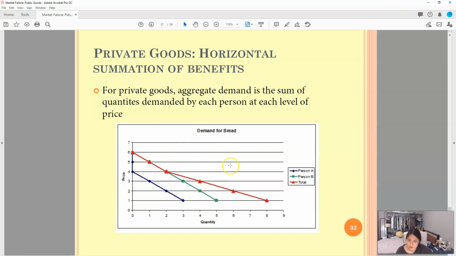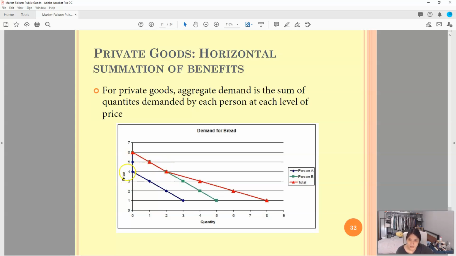So this graph is an example for the bread for price between 4 to 6. Blue line is A's demand curve, green line is B's demand curve, and the red line is the total demand curve. So when the price is between 4 to 6, only B is willing to get some amount of bread, right?